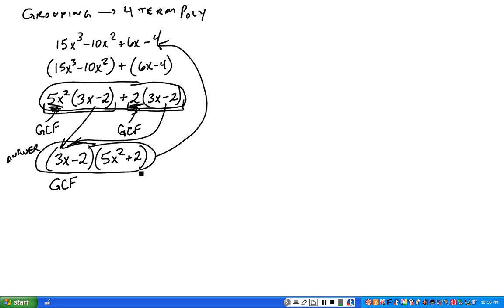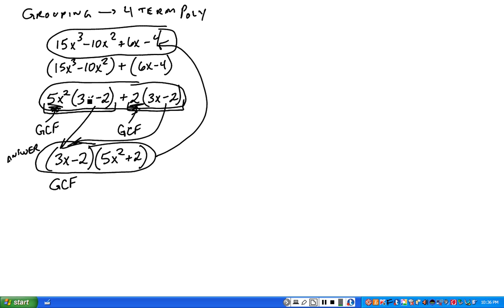I would just multiply these two binomials to see that I got what I started with, as a way to check my answer. But here, the two binomials being multiplied by each other in this current form actually represent my answer to this problem.